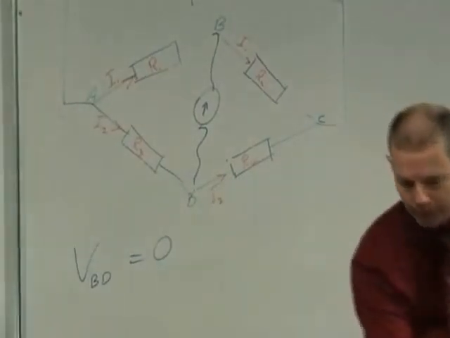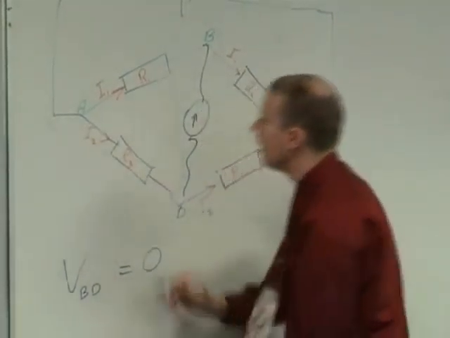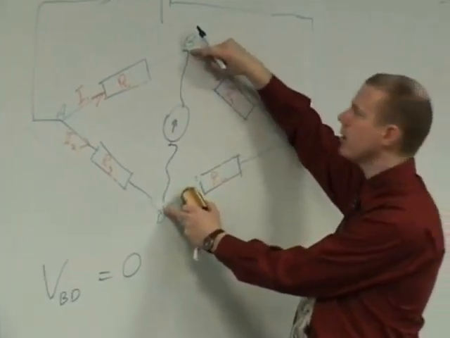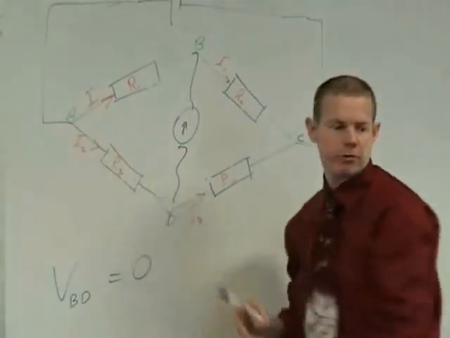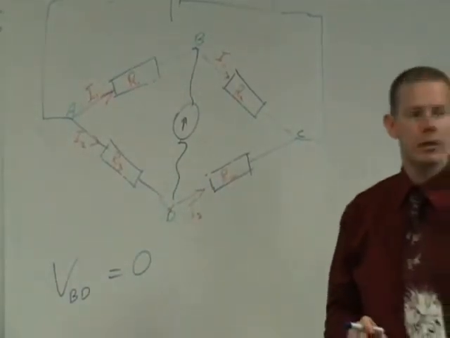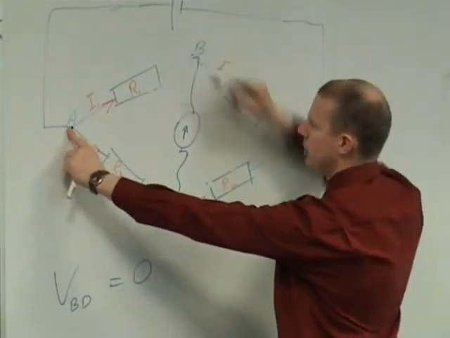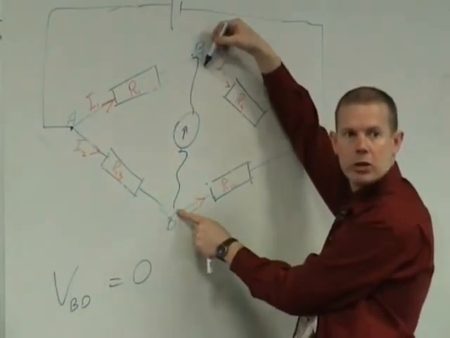In fact, I probably should have that in the middle. Oh no, we'll just leave it there. VBD equals 0. If there's no potential difference between those 2 points, what can I conclude about that potential difference and that potential difference? It's the same. They're the same. You've got the same common point between there and there. You've got the same beginning point, sorry, and there's no potential difference between the 2 end points.